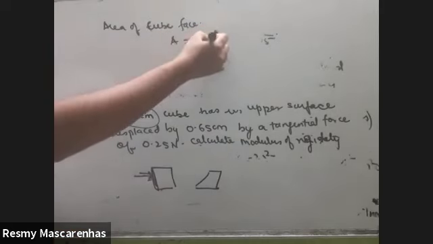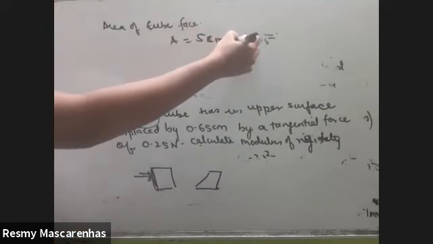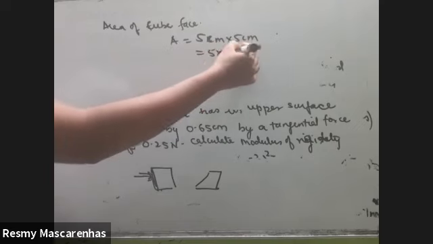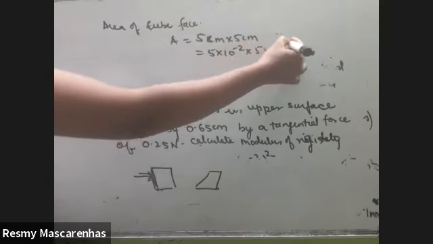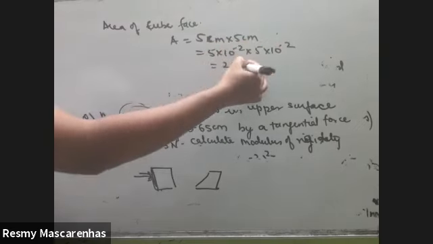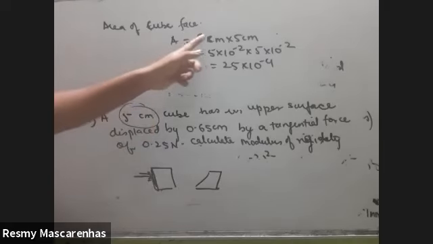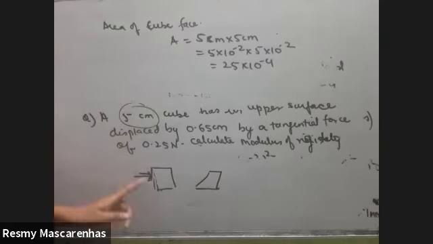That will be 5 centimeter into 5 centimeter. That will be 5 into 10 raised to minus 2. 25 into 10 raised to minus 4 will be the area. Because this is the length of the cube side. One side has been given. So area of the face will be length into length. That will be 25 into 10 raised to minus 4.